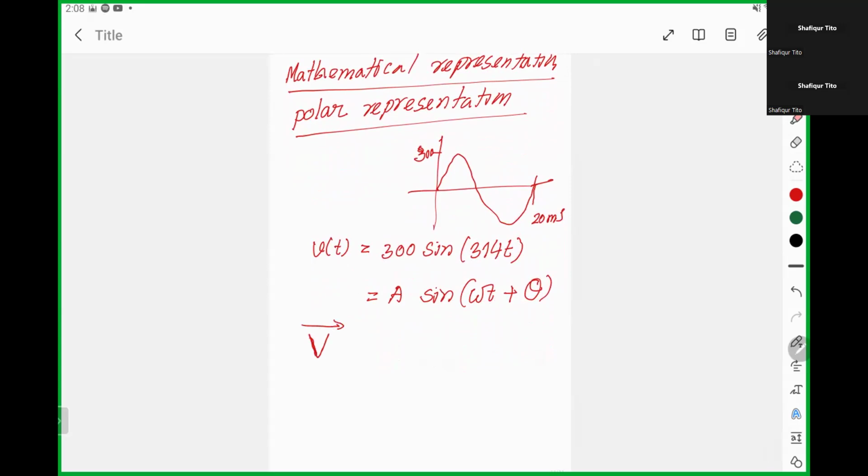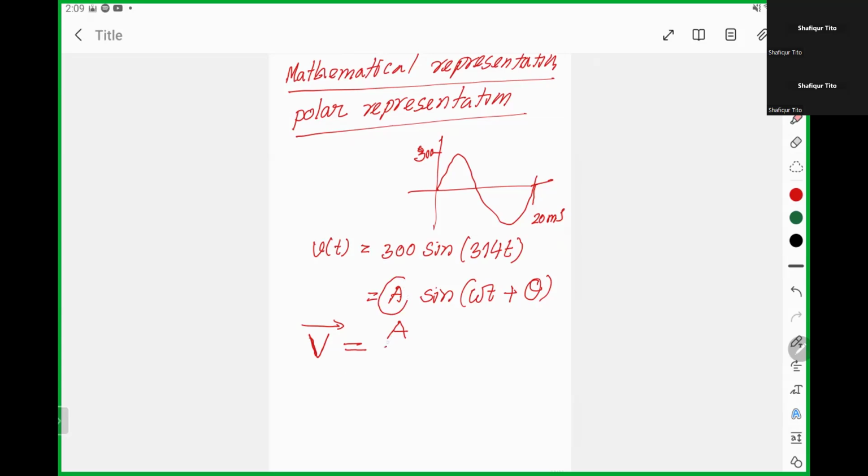Then as we have discussed, there are two important quantities that have to be used to represent this vector. This vector will have the amplitude that has to be considered. But we don't use this amplitude, the maximum value, directly. What we use is the RMS value. How to represent? Find out the RMS value.